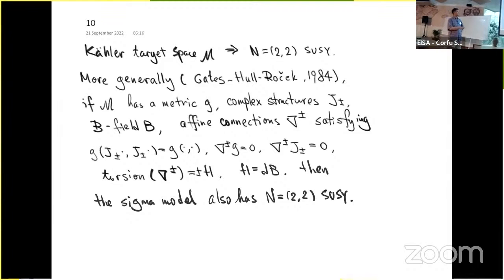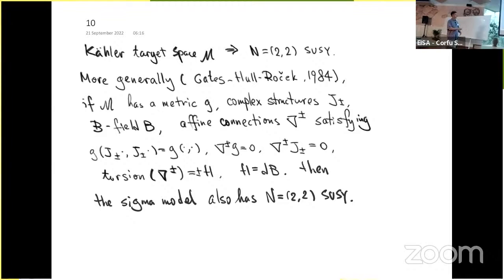According to Gates, Hull and Roček, we have a more general setting of target where we also have this amount of supersymmetry. The target space in the more general setting has a metric, two complex structures, a B field and two affine connections satisfying these conditions.